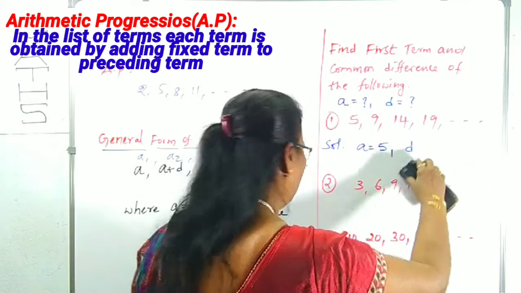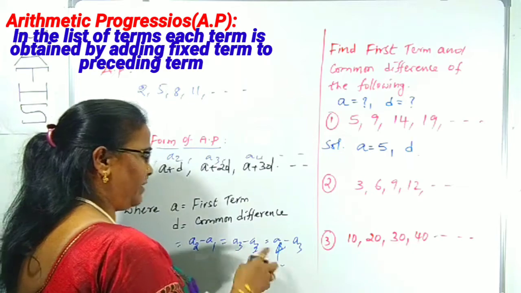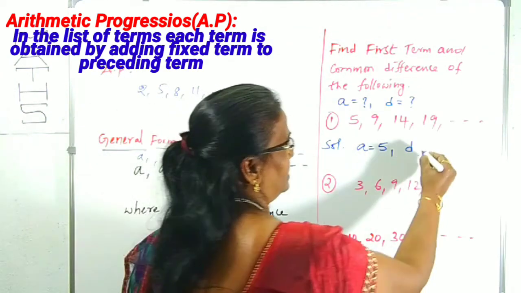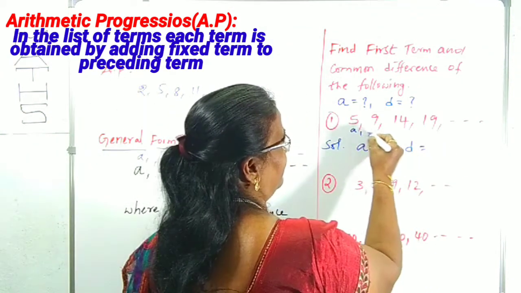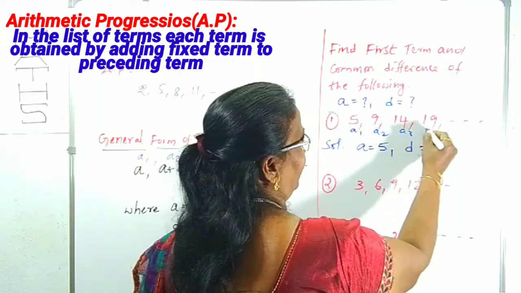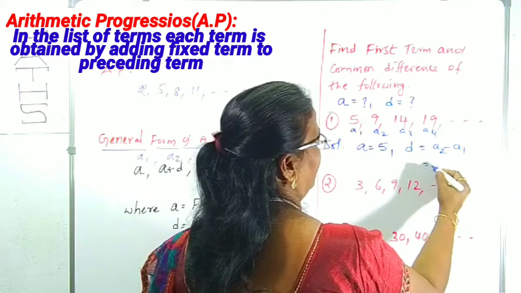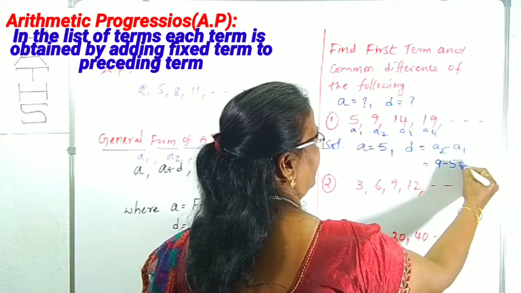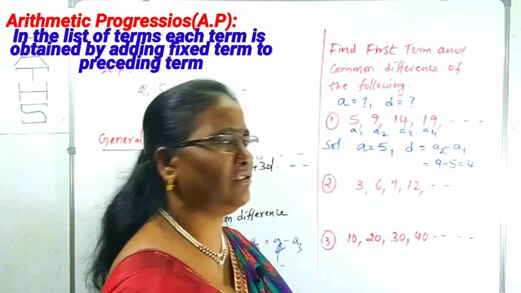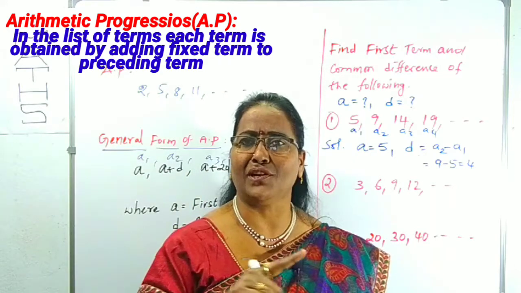Either A2 minus A1 or A3 minus A2. What is A2 minus A1? Clearly 9 minus 5 is 4. No need to take all, 1 is enough because all are fixed.